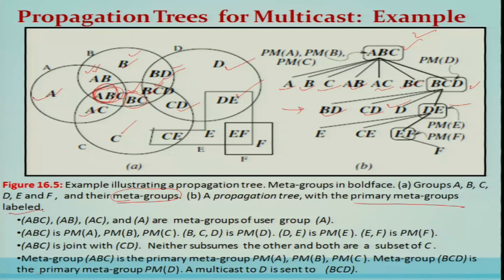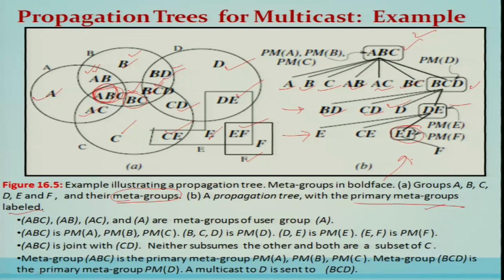Now DE will become the primary meta group for E. The meta groups for the primary meta group DE will be E, then CE and EF. Now EF will become the primary meta group for F. So just see that this complete group of nodes is organized in the form of the propagation tree.